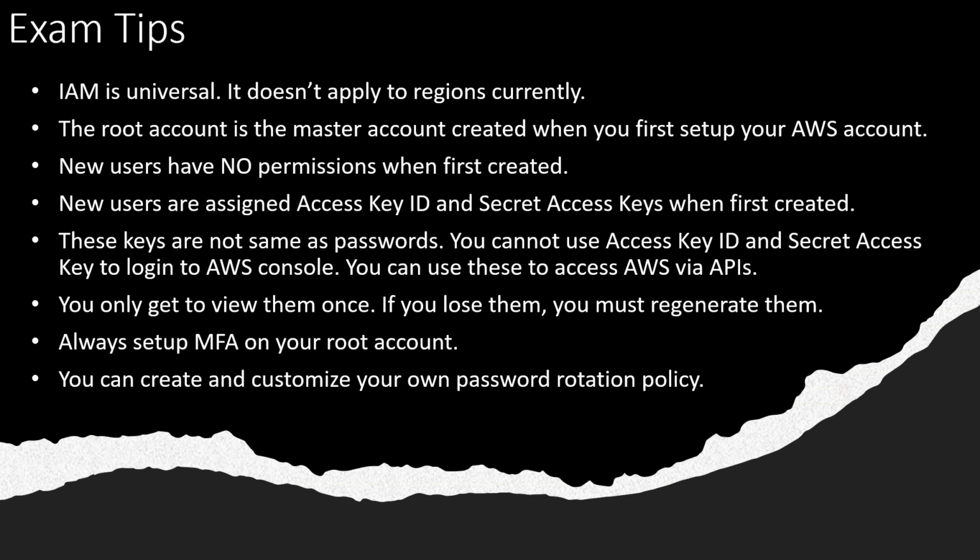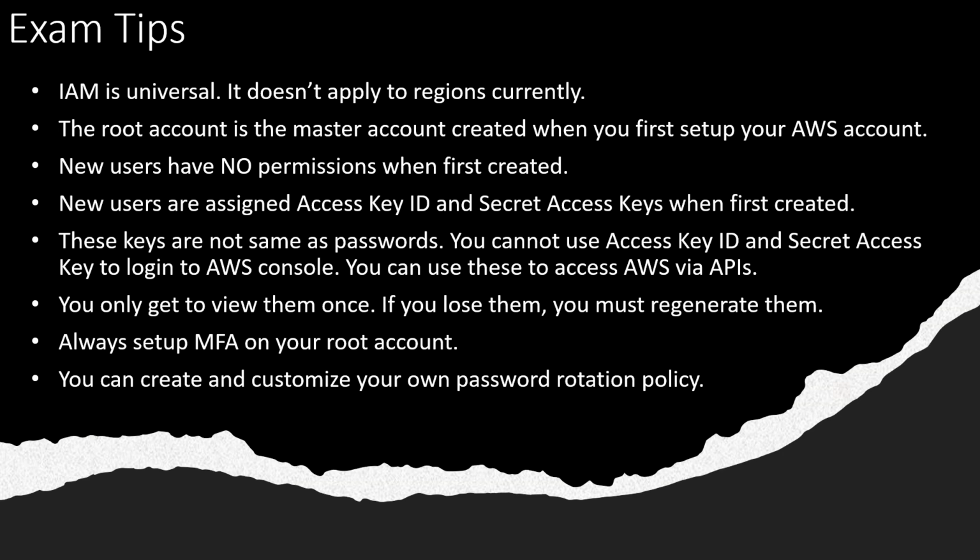We also learned that new users have no permissions when first created. We had to give our user special permission, and to do that we created an administrator access policy. We assigned it to the developer group. We also learned that new users are assigned an access key ID and secret access key when first created. They use these to programmatically access the AWS ecosystem.